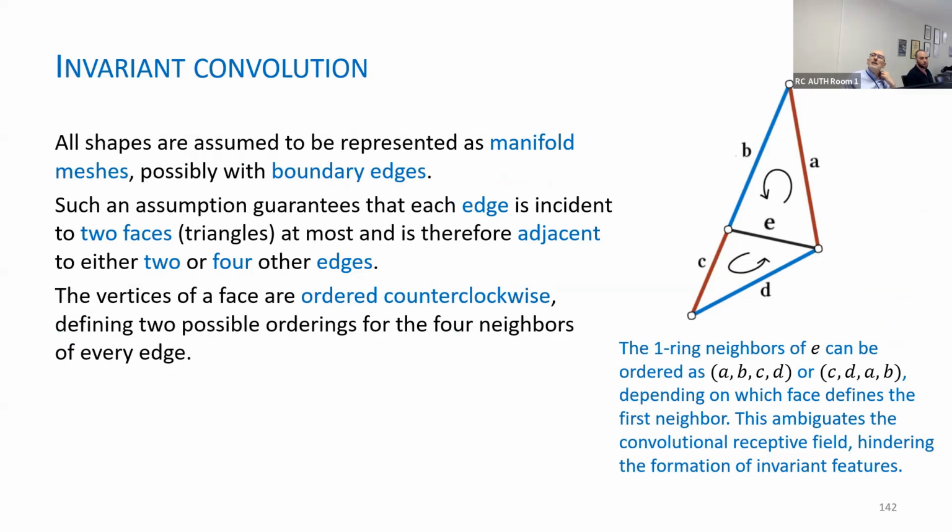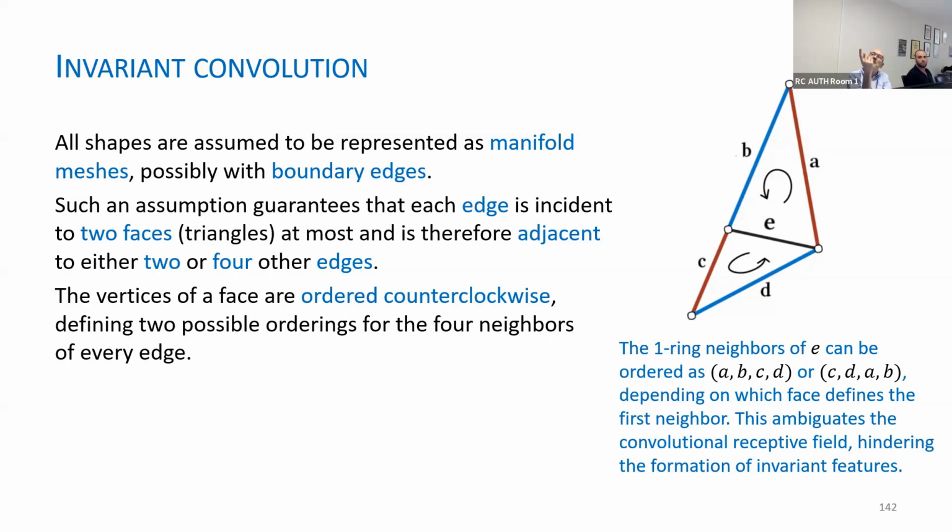Okay, and so with these features, they define a way to perform convolution and also pooling. If we consider an edge, the convolution here is based on the triangles that are connected together.